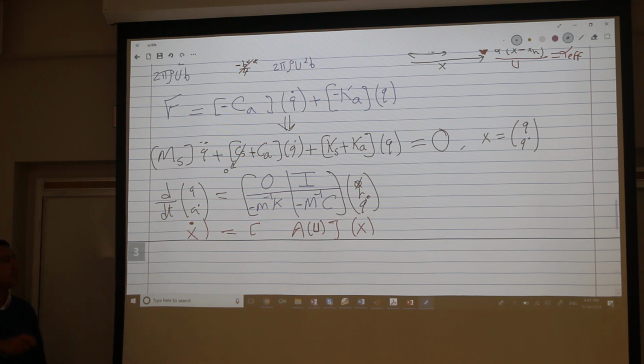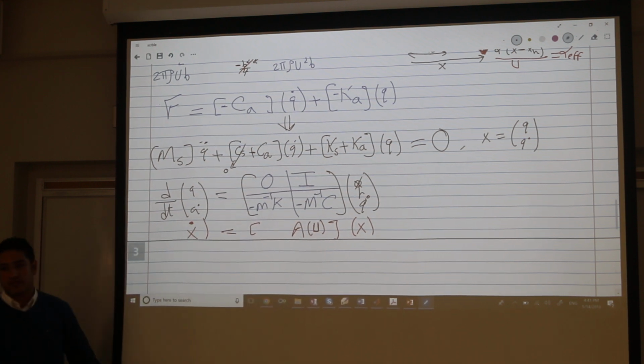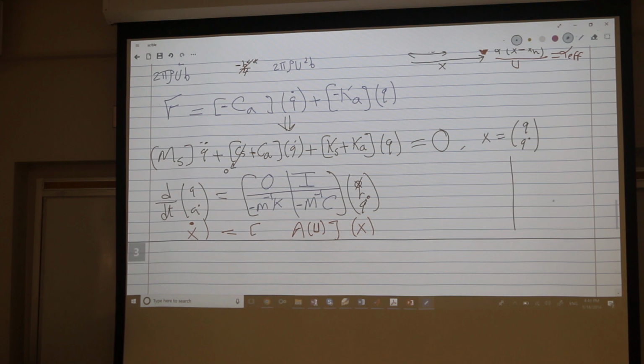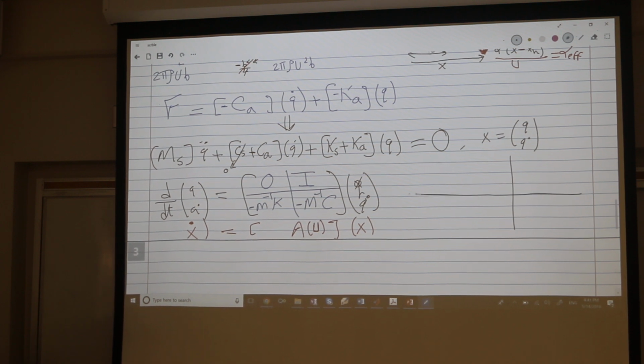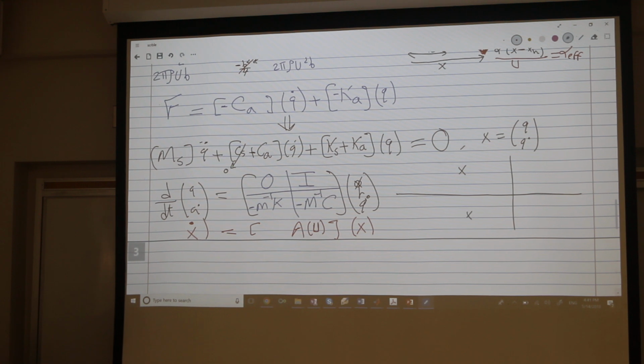And at each speed, I will compute the matrix A and compute its eigenvalues. If the eigenvalues all lie in the left half plane, then the system is stable. So for the smallest u, they are here, for example. Then if you increase u, you can plot how these eigenvalues change. So they will change like this.